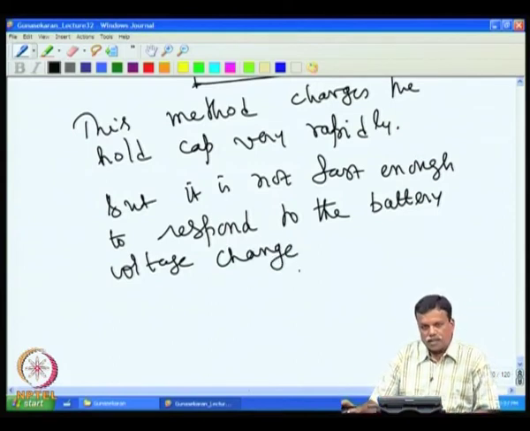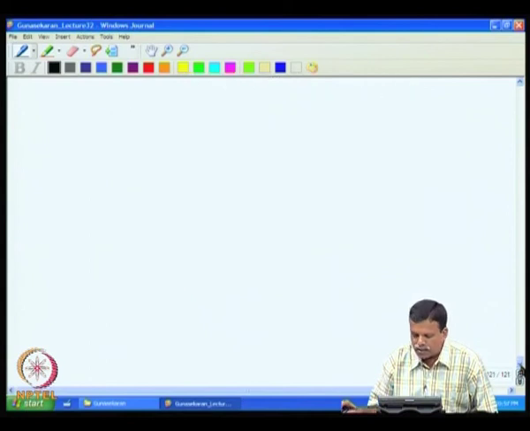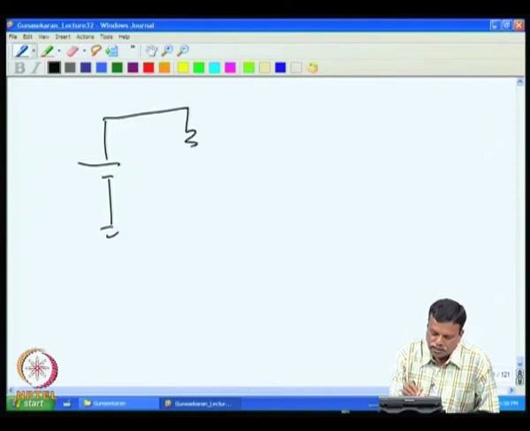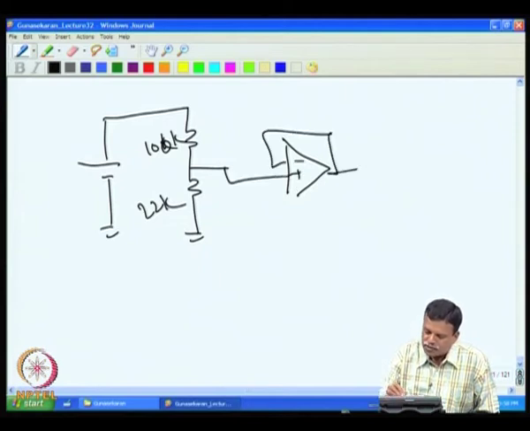If you want to track fast changes, then you can use a voltage follower and reduce the charging time. The battery voltage goes through 100k and 22k, then a voltage follower to reduce the impedance, and this is given to sample and hold, which is 100 pF.